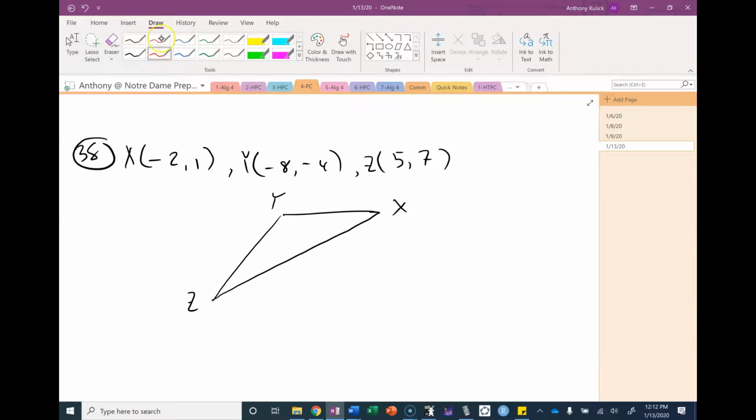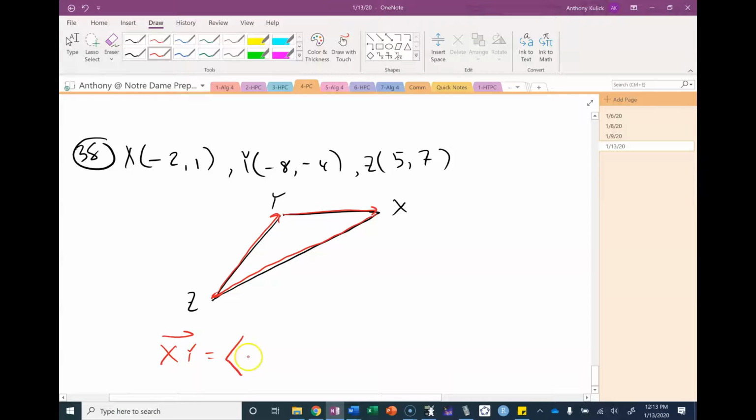So what I'm going to do is convert these into the vectors described here. So I'm going to have the vector xy.